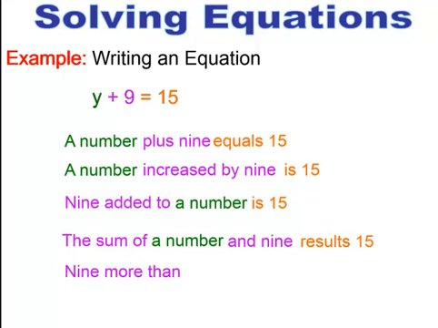Next one, you might see 9 more than, and that word than is important. That placement of than means that it's coming after whatever is written next. So 9 more than a number means that I'm going to have that variable plus 9 is 15.